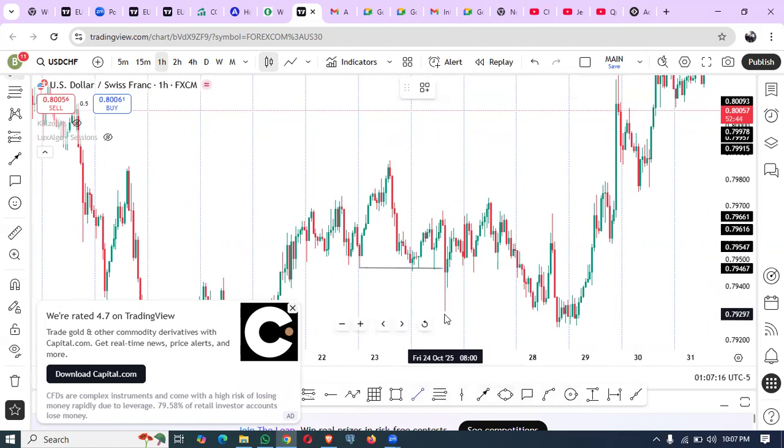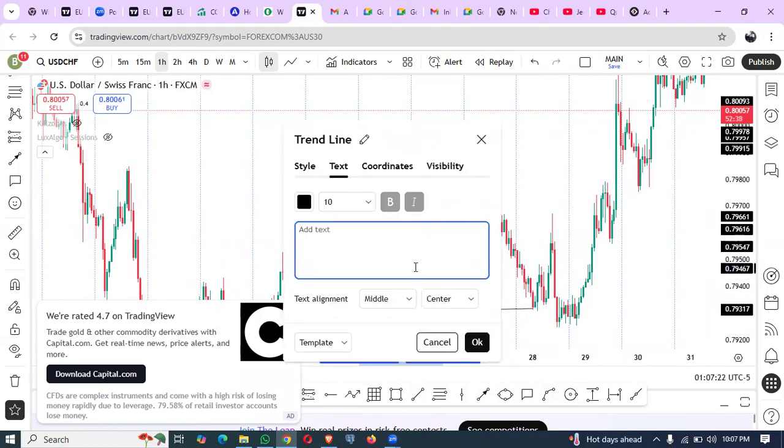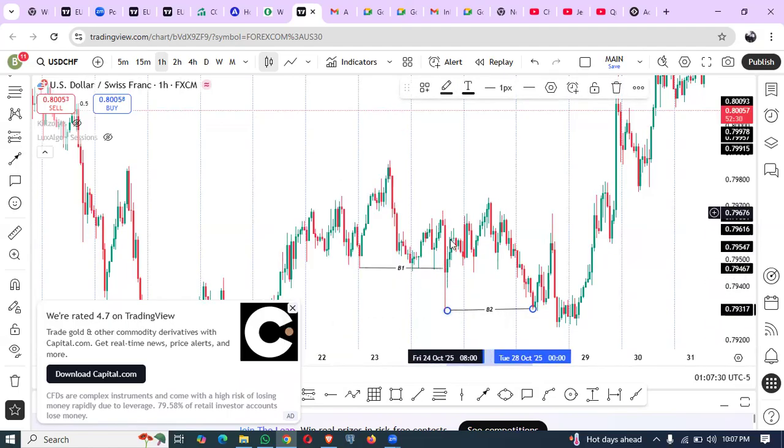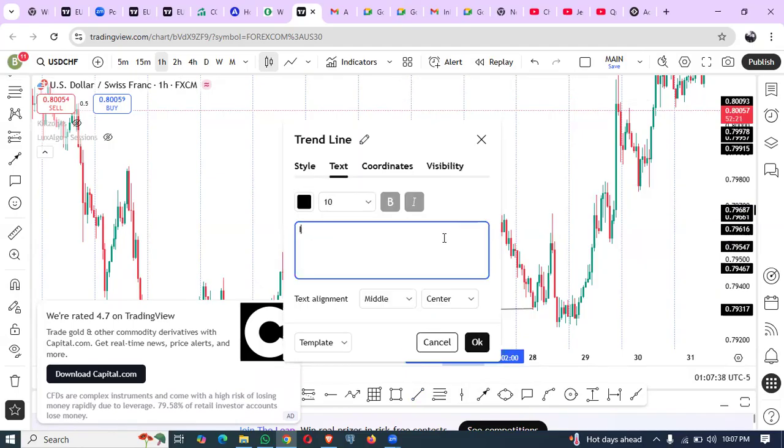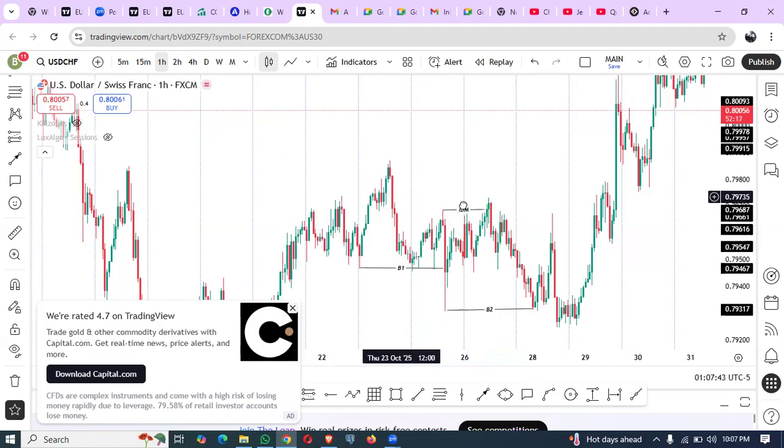So where did this second break come from? That's your B1 here, B2 here. The second break came from here. So this leg now is your IDM, or sometimes I use X. That's your inducement.